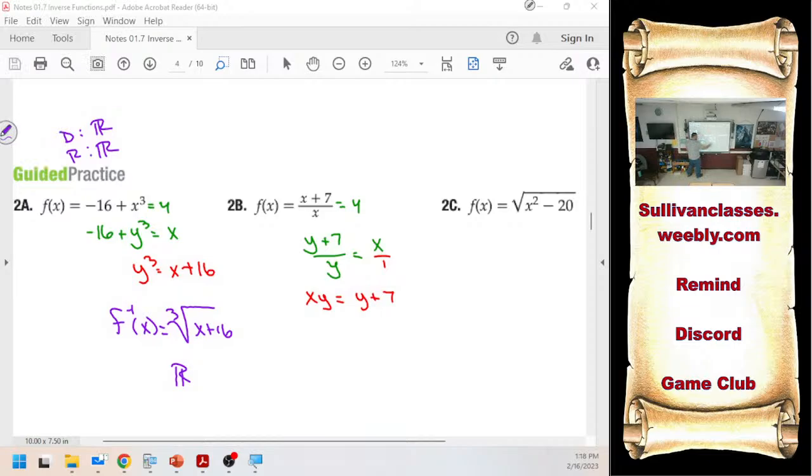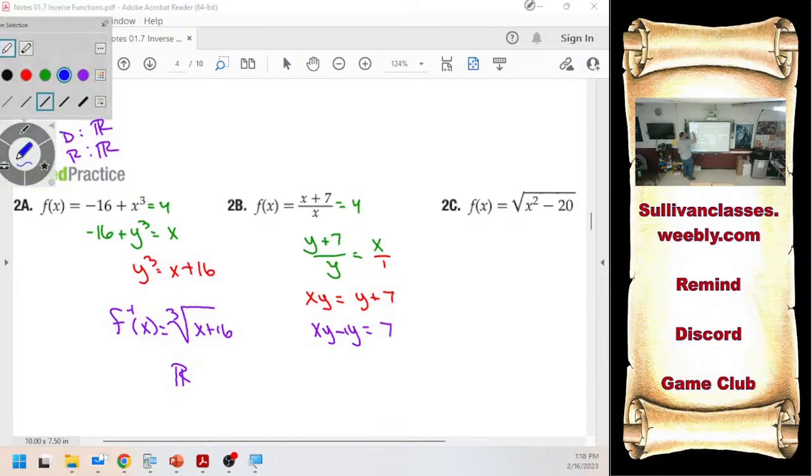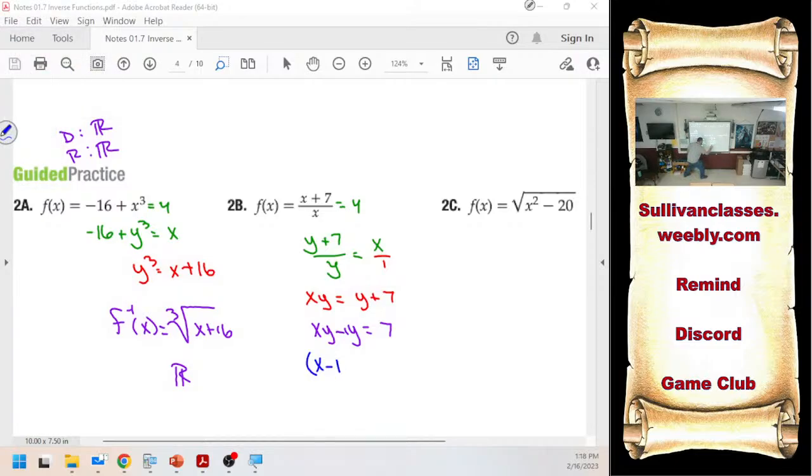I'll subtract this guy over. But we have to understand that xy's minus 1y's is x minus 1 y's. So that's how I would write it in terms of combining like terms.